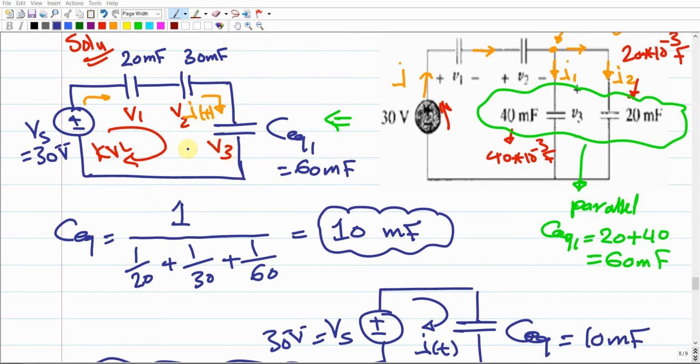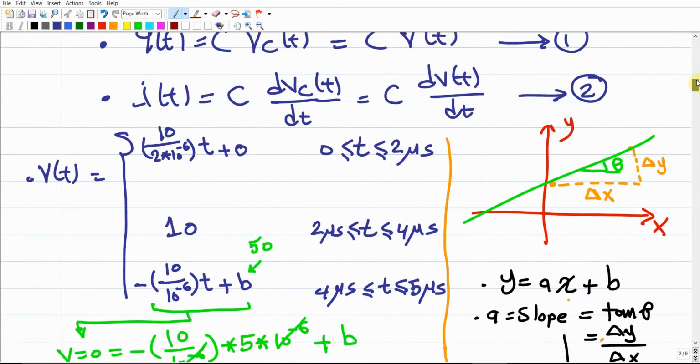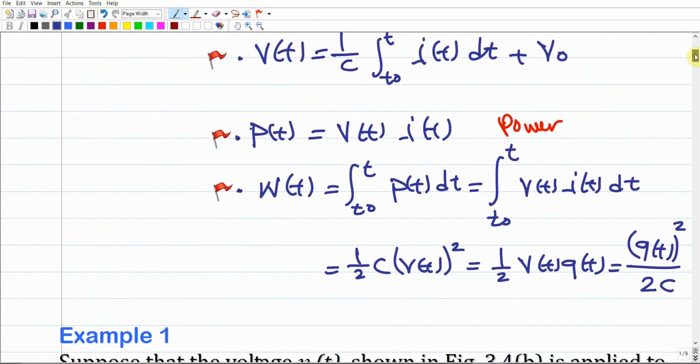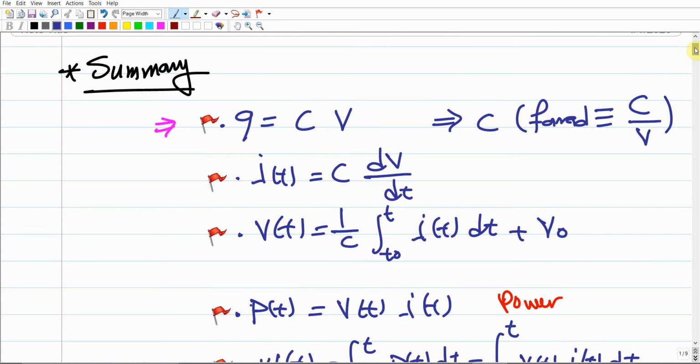So how much is V3? Simply, it would be very similar. If I ask you how much is the voltage over this capacitor, you can find this volt in terms of the current or in terms of the charge over this capacitor. For example, going back to the summary up there, we mentioned that the volt over a capacitor is 1 over C, the integration of the current dt plus V0.